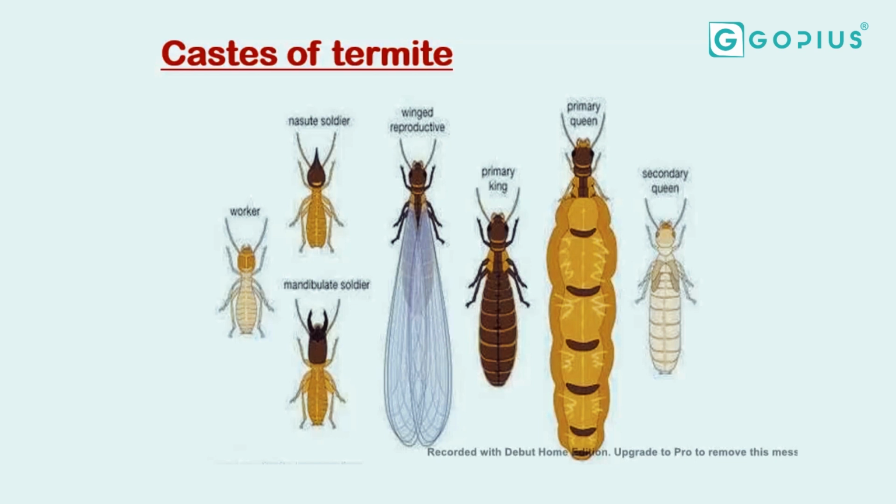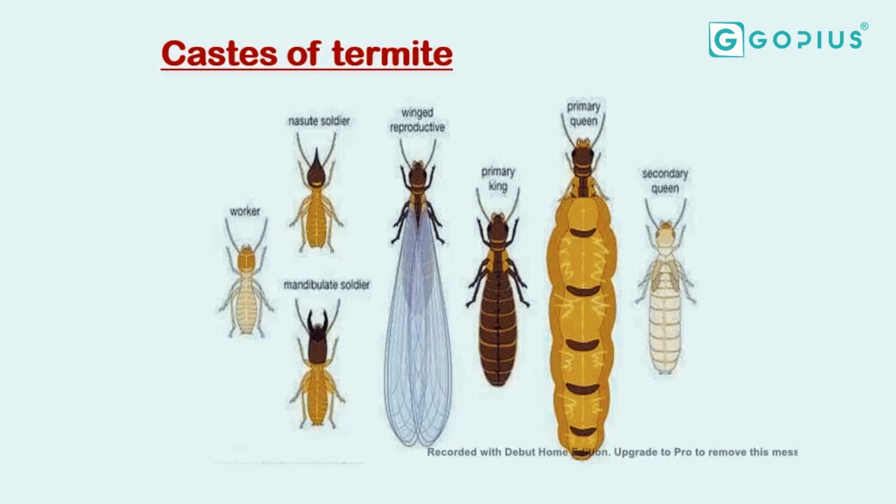When nuptial flight occurs, the king and the queen pair together. They dig a hole and begin their own colony. That is how it works. They all look for pairs, dig a hole and begin to establish their own colony. So that's basically how it works.